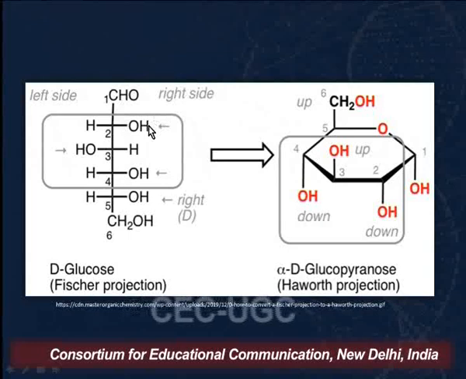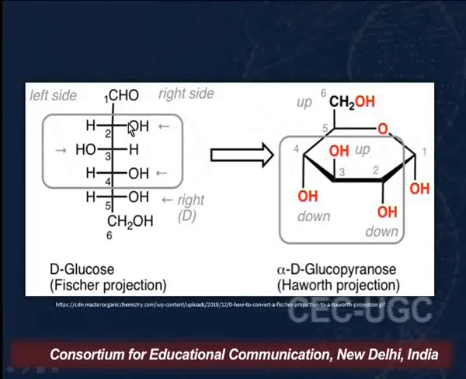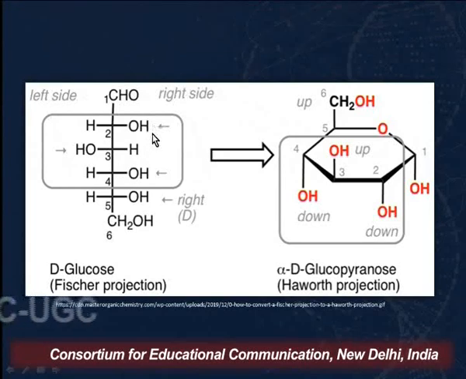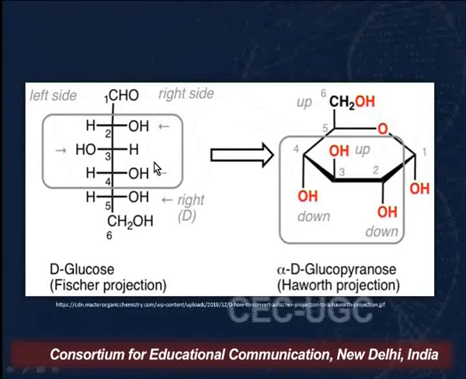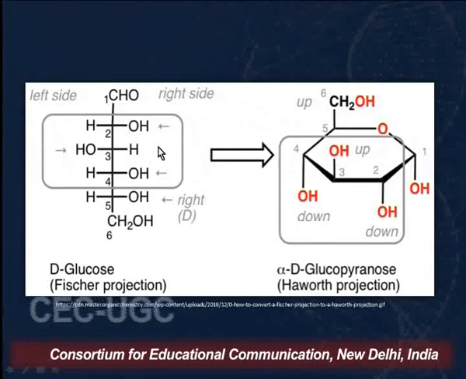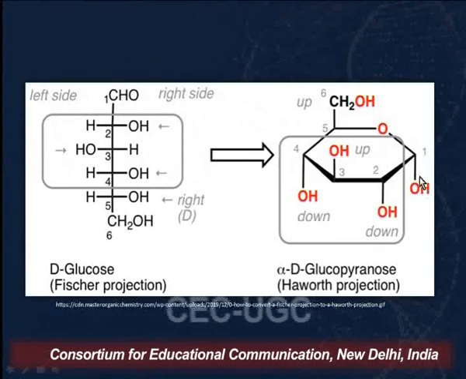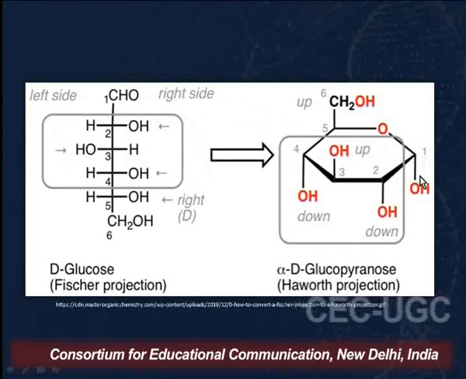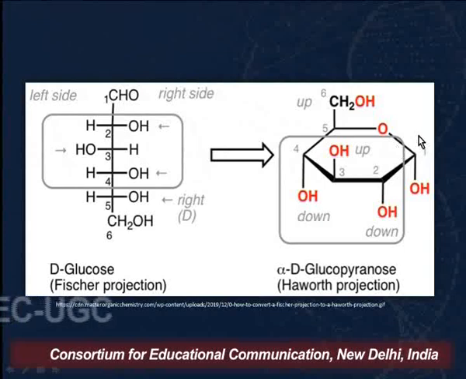What we find is that the hydroxyl groups on the second and the fourth carbon are on the right hand side, so they will go below the plane. And here also, since the OH is on the right hand side, this will be the alpha anomer that we are making.